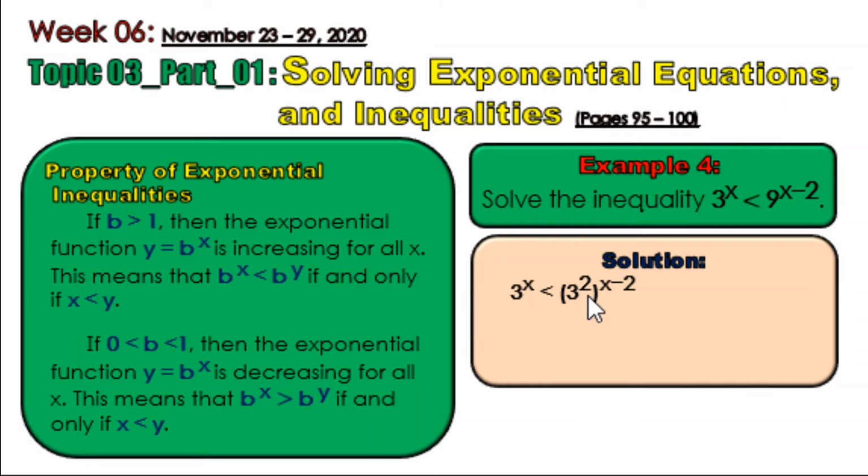Then applying the law of exponent, we can multiply these two exponents. So we have 3 raised to x is less than 3 raised to 2 times x minus 2. We'll be multiplying these two exponents, so it becomes 3 raised to x is less than 3 raised to 2x minus 4.